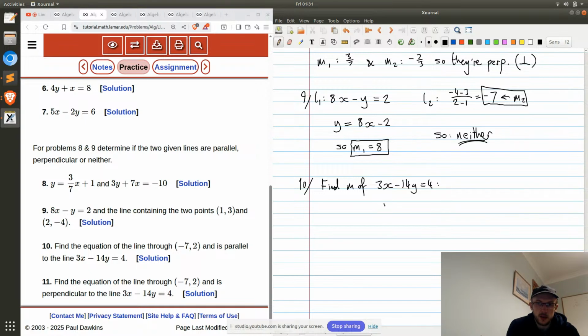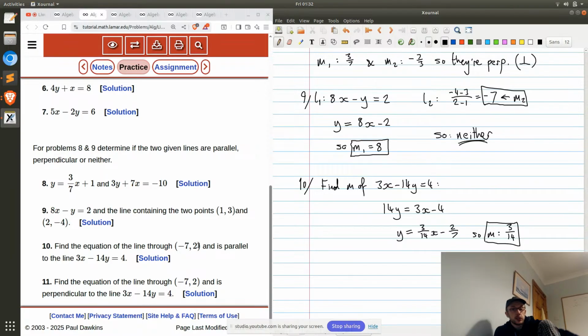And when you do that, you'll get 14y equals 3x minus 4. And divide both sides by 14. So m is 3/14. And then you need to find the line that has that gradient and passes through negative 7, 2.